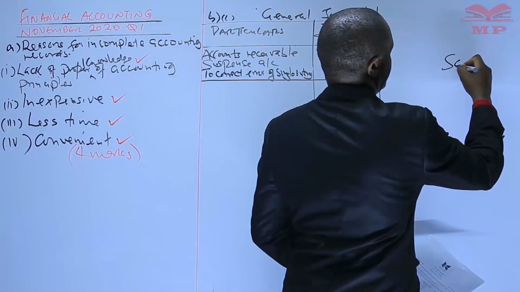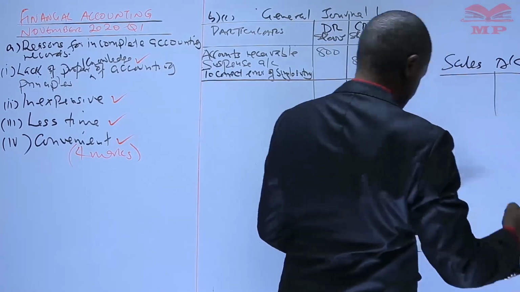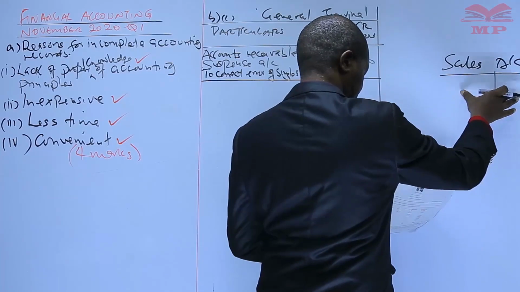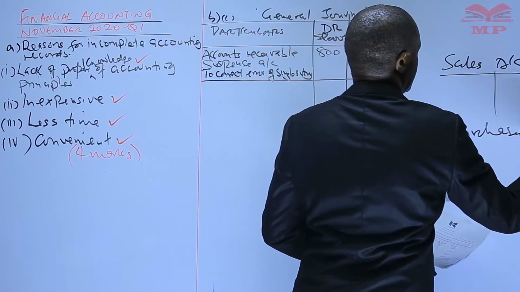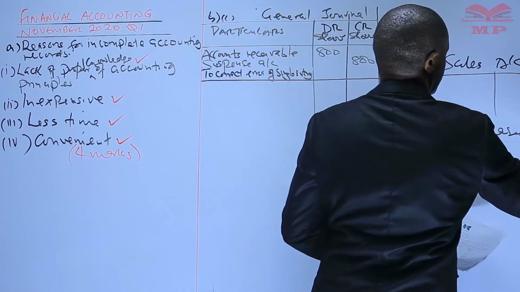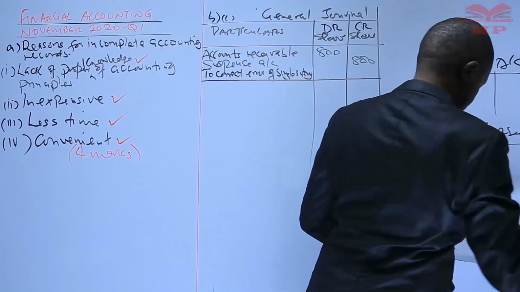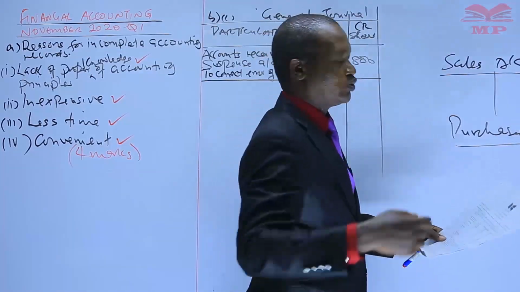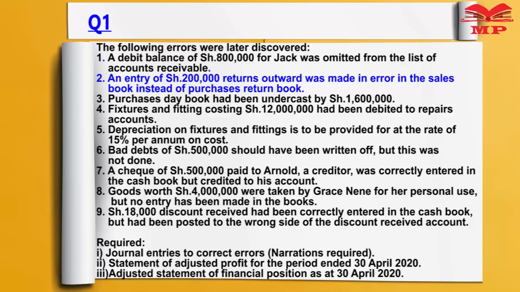So you have sales account was made here instead of purchases returns account. Purchases returns. An entry of returns outward was made in error in the sales book.